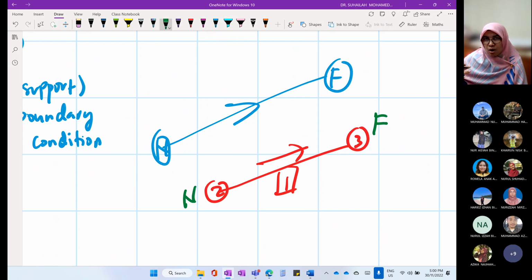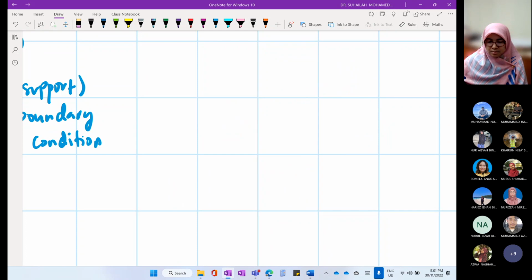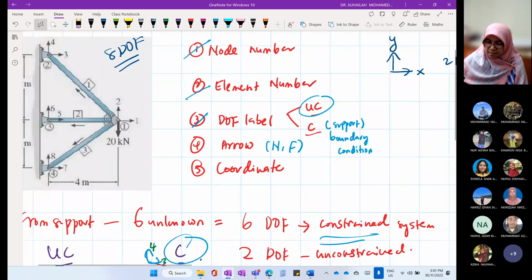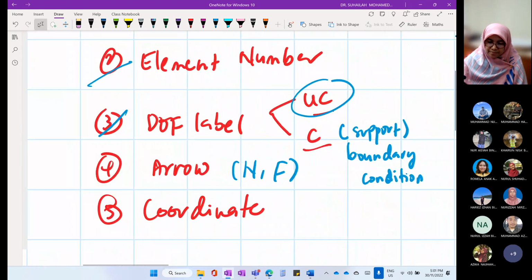If we change this direction, 2 becomes far and 3 becomes near. We can put the arrow in any direction that we like, it doesn't matter. So this is about the arrow. Here the arrow is given, so we just follow that.